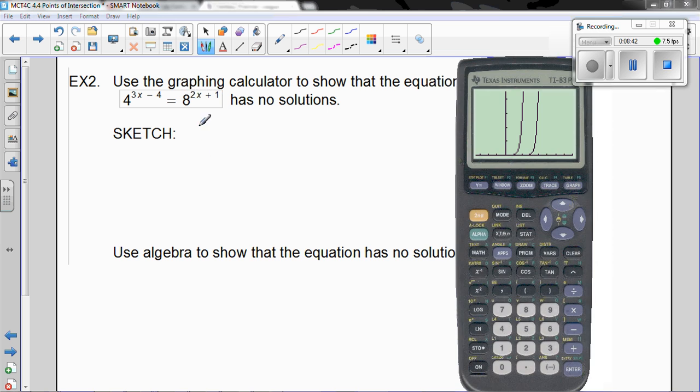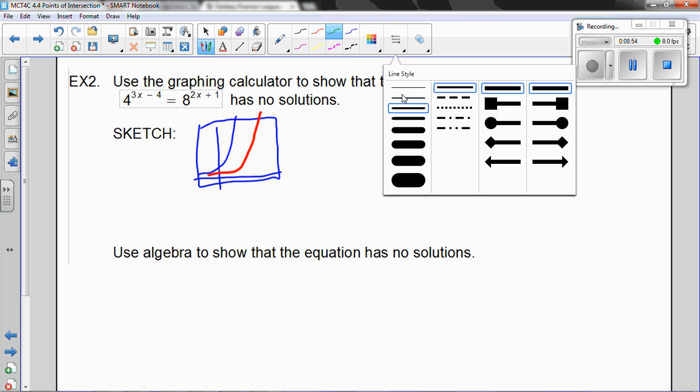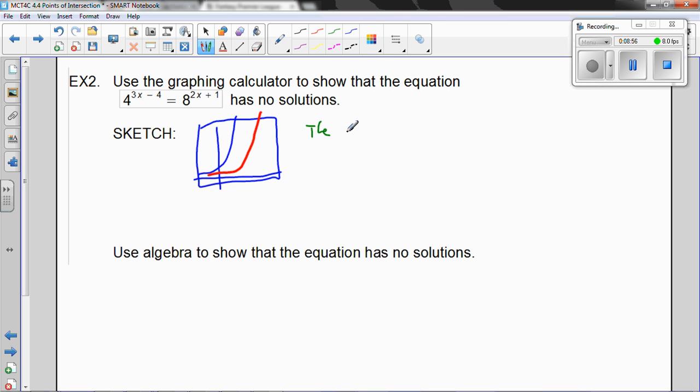So the sketch would be, here's my window. And this one, we say the graphs appear to increase at the same rate. Sorry about my handwriting. This is getting better and better all the time, isn't it?